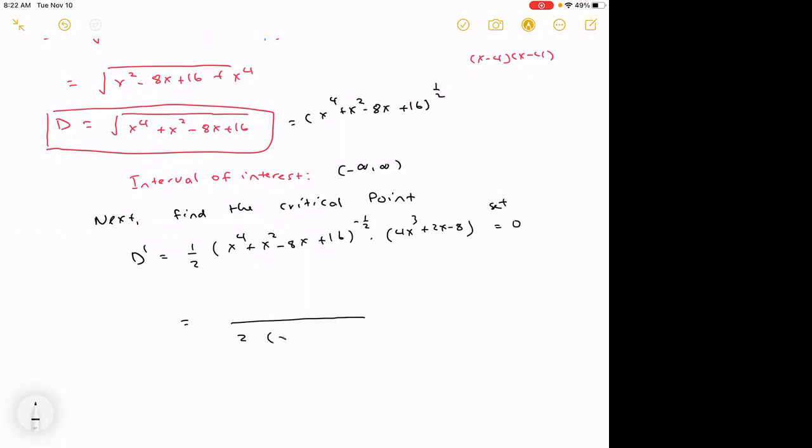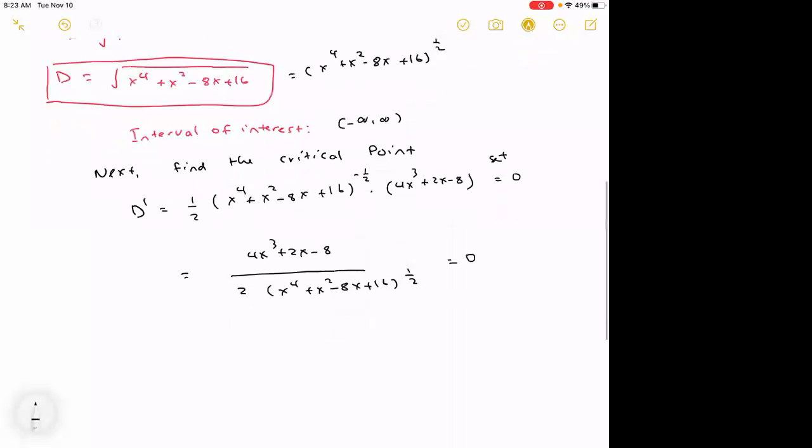So that becomes x to the power 4 plus x squared minus 8x plus 16 to the power 1/2, which you can also write as the square root of x to the power 4 and so on. In the top, we have 4x cubed plus 2x minus 8 equal to 0.